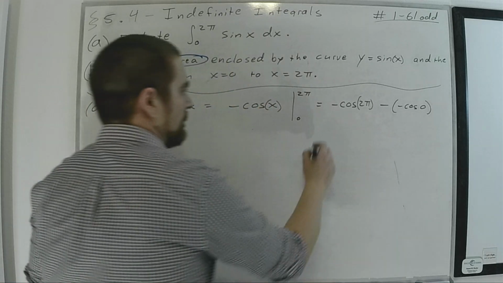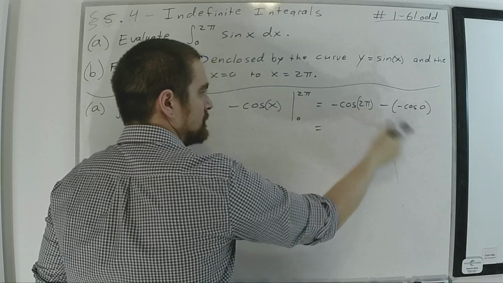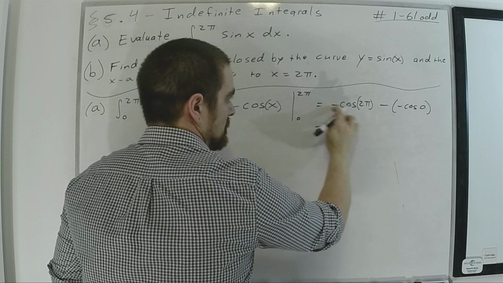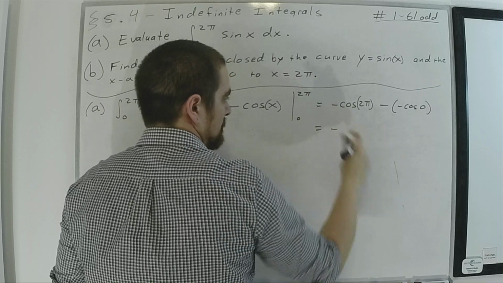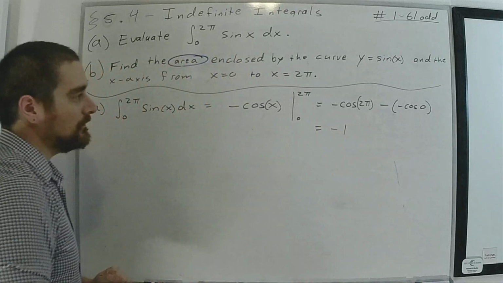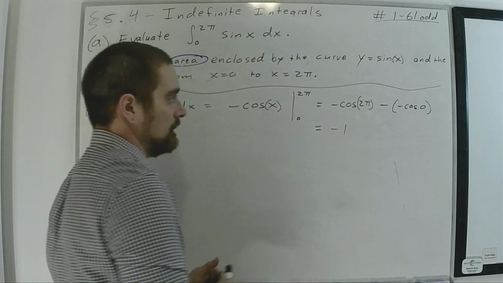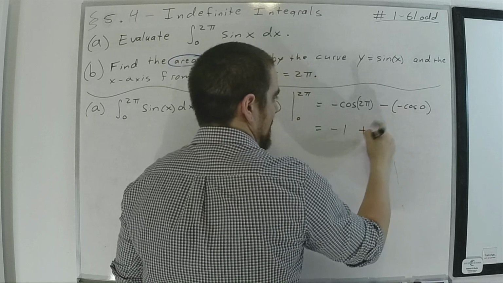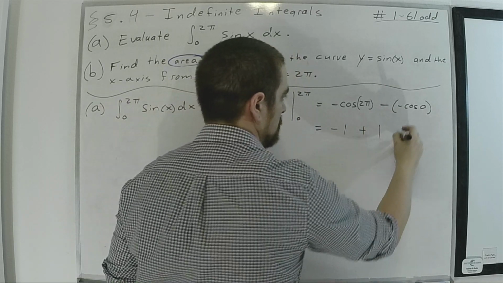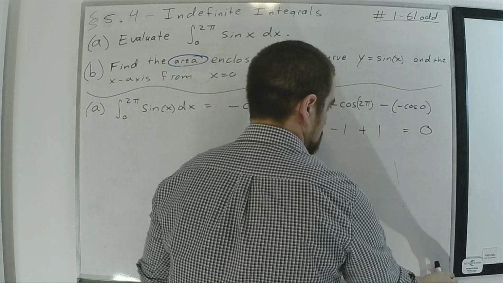Well, funny thing about this is cosine of 2 pi, I'm just doing a whole trip around, so when I look at negative cosine of 2 pi, that's the same thing as negative cosine of 0. So that is 1 with a negative in front. Minus minus means I'm adding cosine of 0, which means I'm adding 1, which means my result is 0.